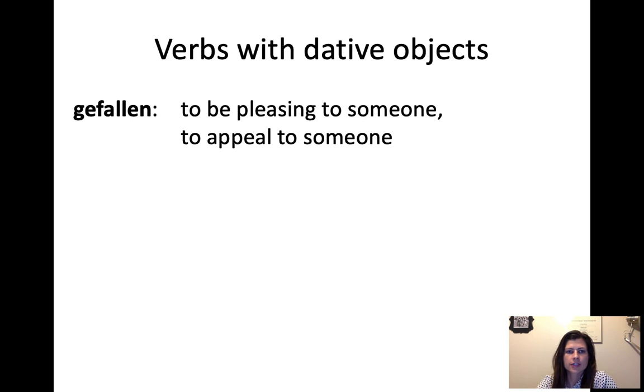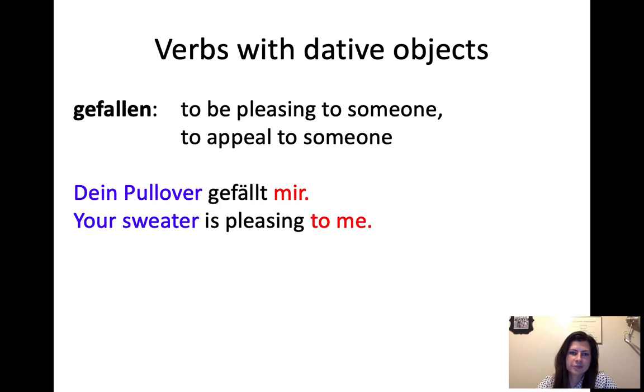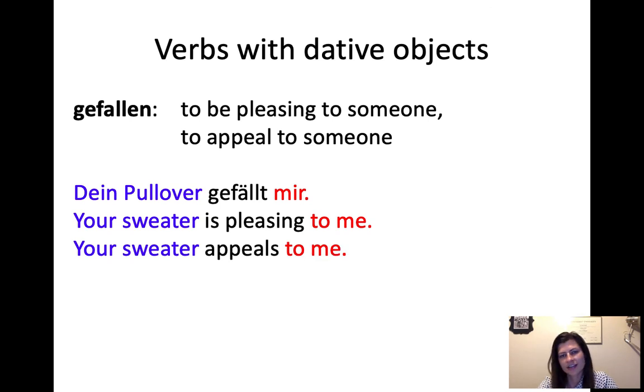Gefallen is a tricky one. So, dein Pullover gefällt mir, which would be your sweater is pleasing to me, kind of. But that sounds not great in English. You could say, your sweater appeals to me. Sounds archaic too. But so we have the nominative, which is the subject, dein Pullover, and then the dative, mir, right?